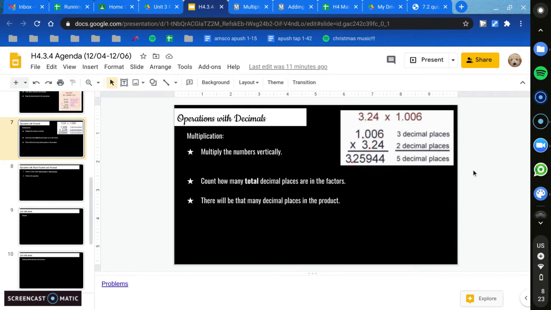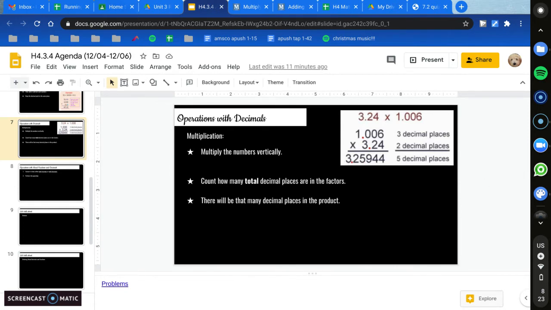1.006 times 3.24. Here you see we have 3 decimal places in this factor, then 2 decimal places in this factor. Again, that's 3 decimal places here, 2 decimal places here, and that gives us 3 plus 2 is 5 decimal places in the product.